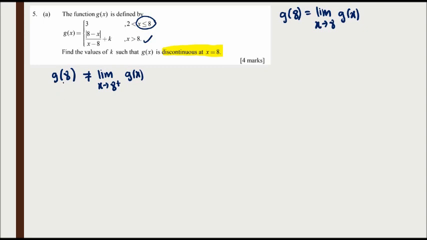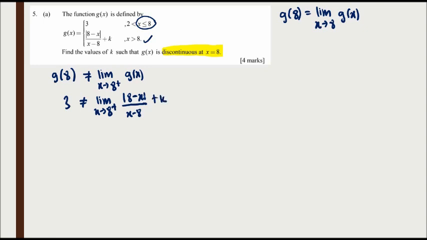The value of g of 8 is equal to 3. For the right side we use the function, limit x approaching 8 from the right, of 8 minus x over x minus 8 plus k.